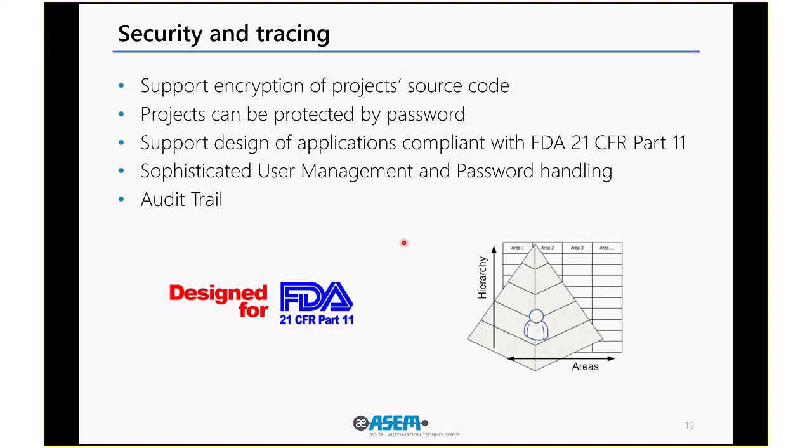So there are several tools in Premium HMI needed to build up applications with tracing capabilities, which are very important when you have to build up applications in the pharmaceutical or food industry.